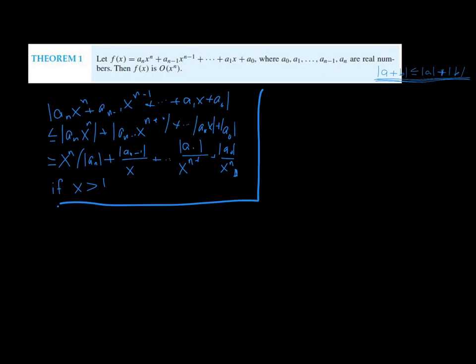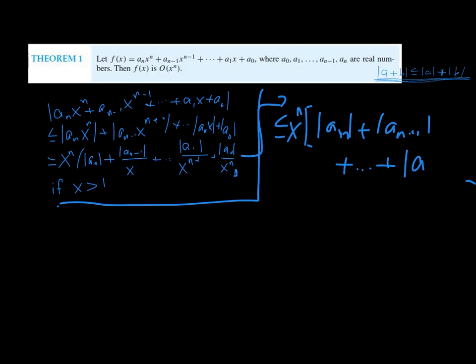Yeah, this gets us everywhere, because since we assumed that x is bigger than 1, this expression right here is going to be less than or equal to x^n times the absolute value of a_n plus the absolute value of a_(n-1) plus down to absolute value of a_1 plus absolute value of a_0.